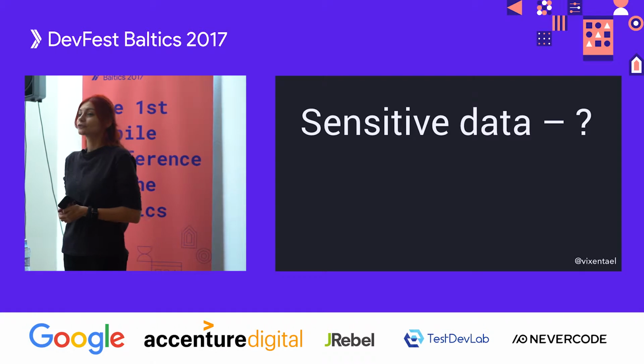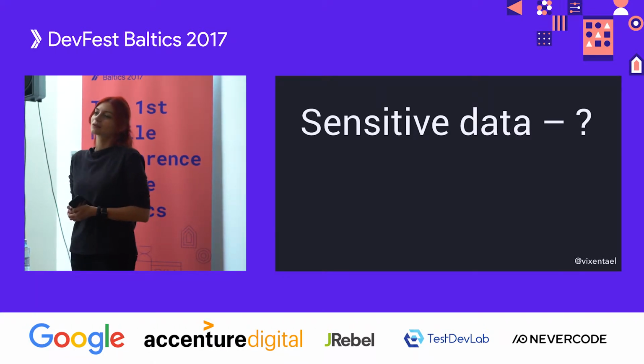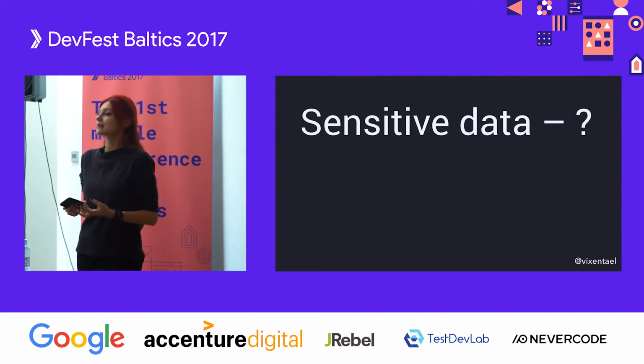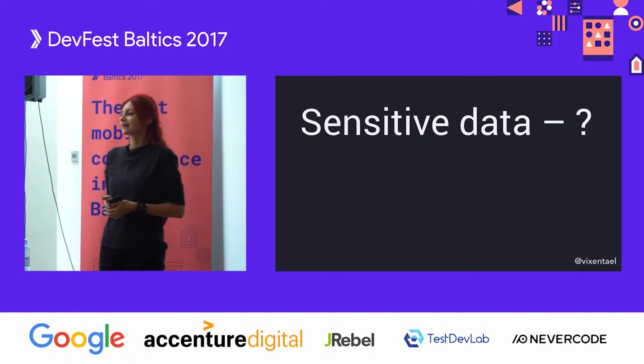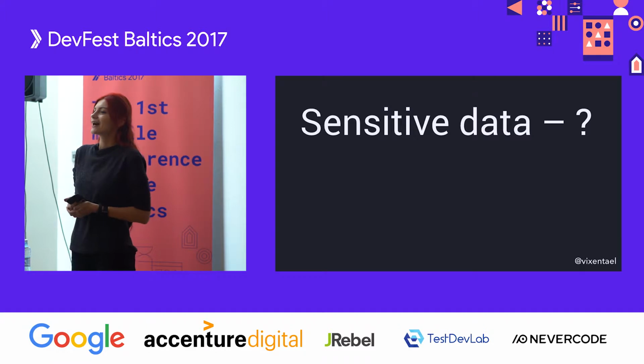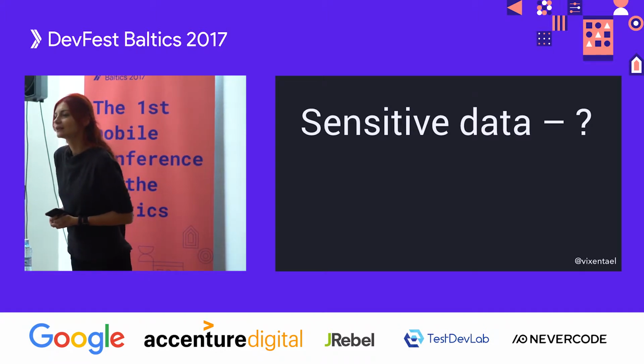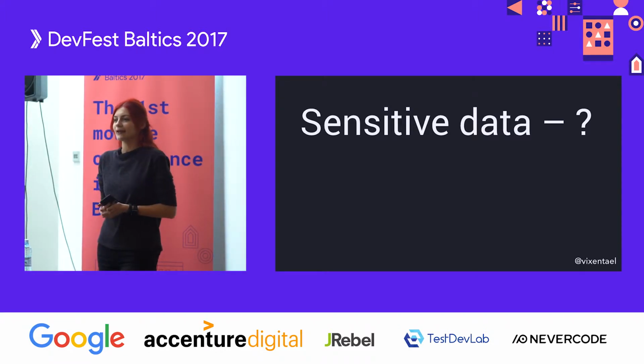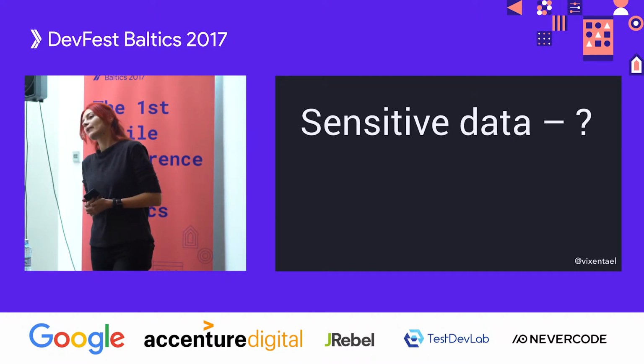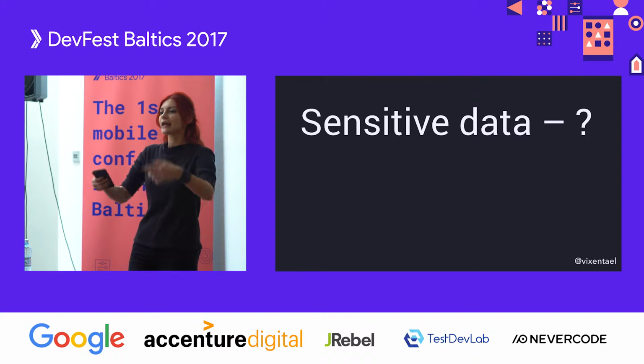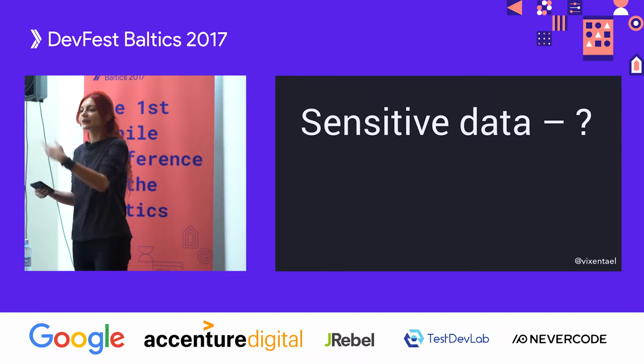Any ideas? What about user data? Okay, what is the user data? Private data. Can you name some examples? Personal code. Yeah. Sorry? Driving license number. Okay. Usually people start from name, surname, passport number, but yeah, you're right.